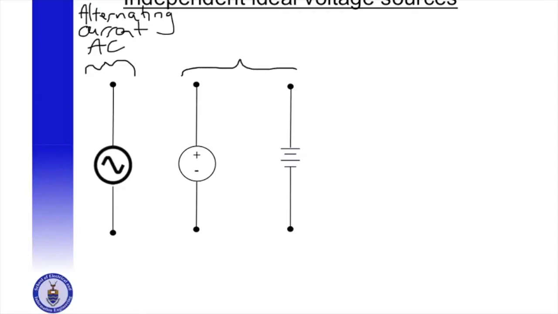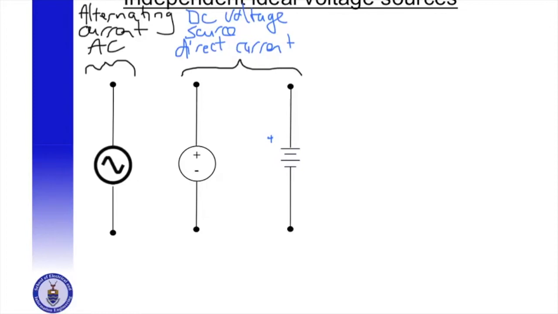These two symbols we use to denote a DC, or direct current, voltage source. And in fact, this voltage source over here, this drawing, is usually used to denote a battery.